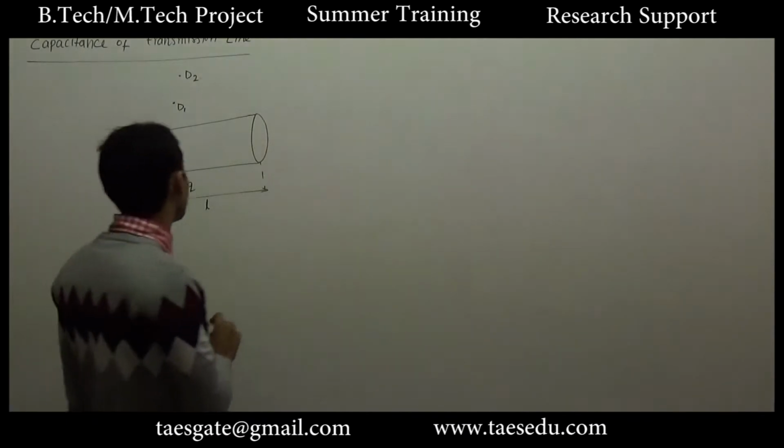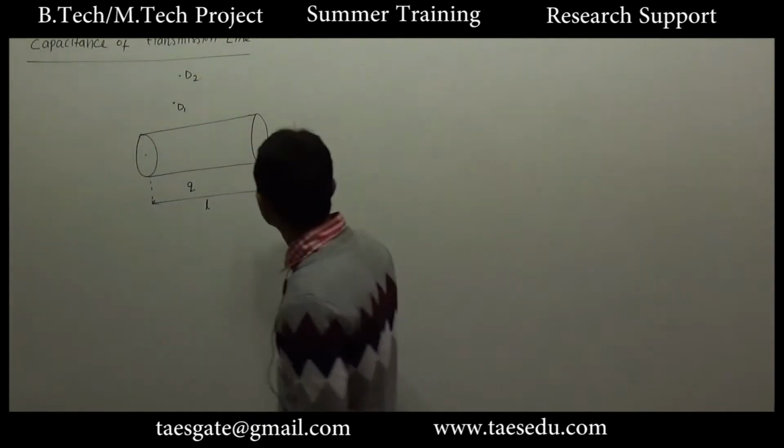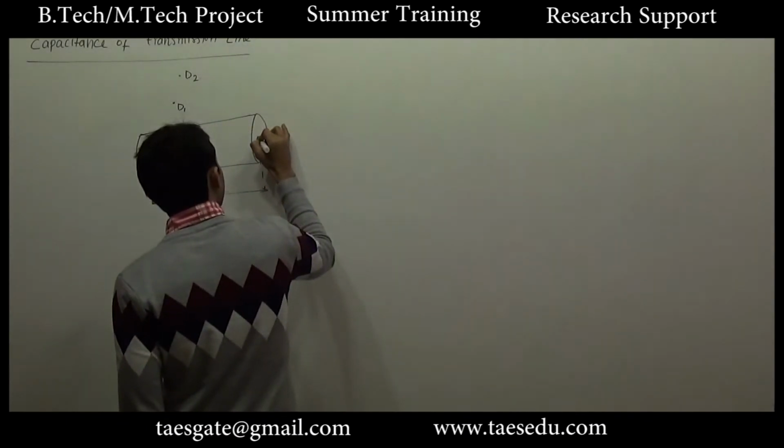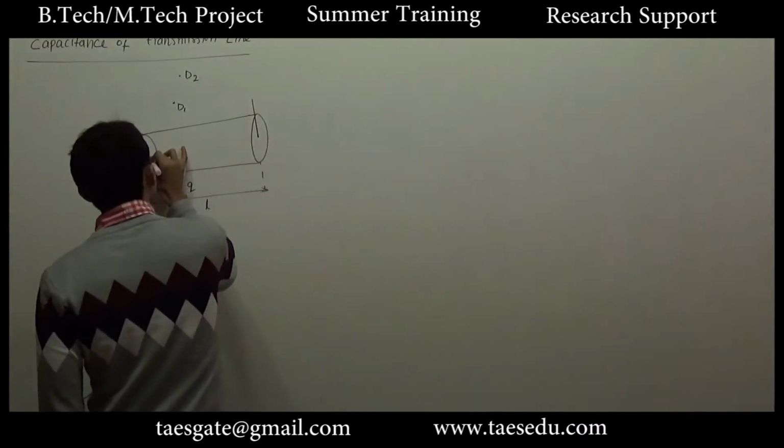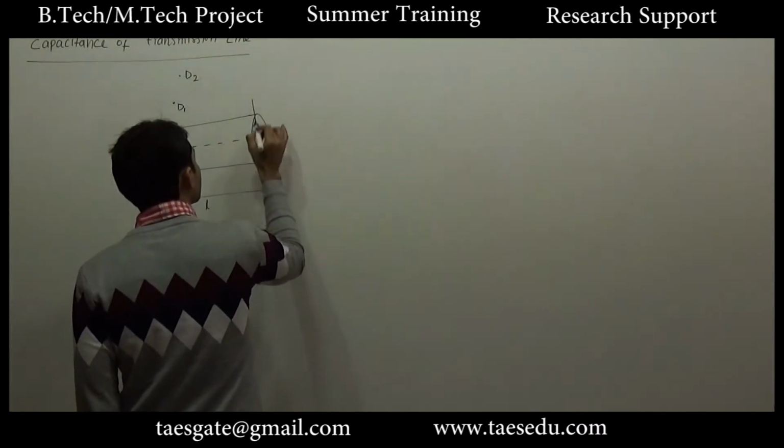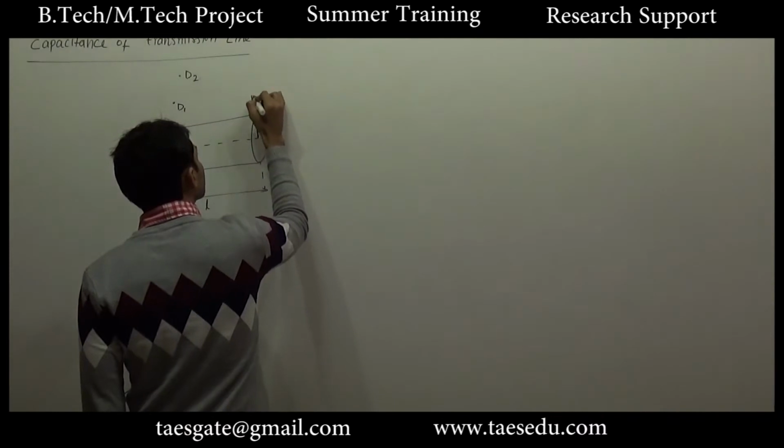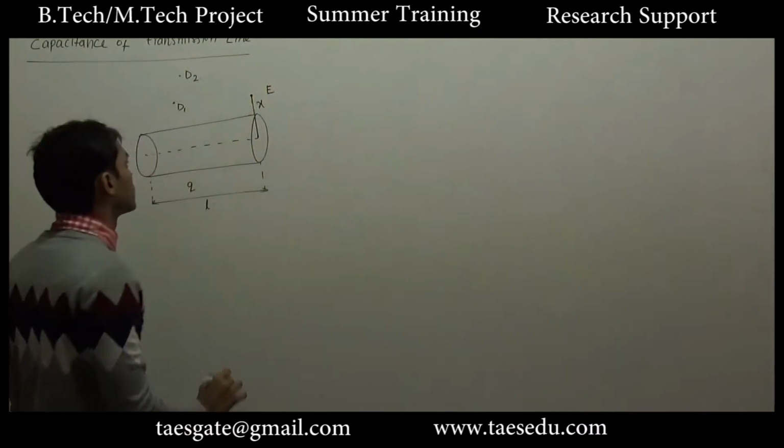Or before that, let us try to find out electric field at any distance x from the axis of the cylinder. Let's say we try to find out electric field at this point.